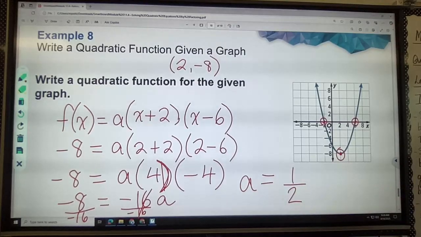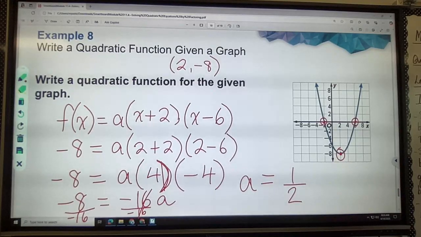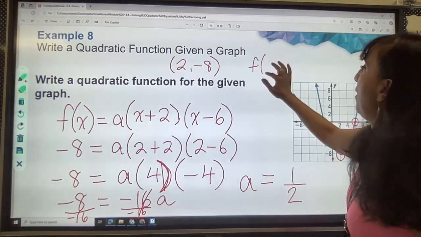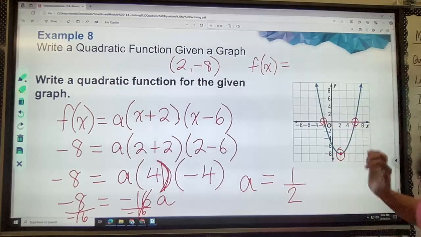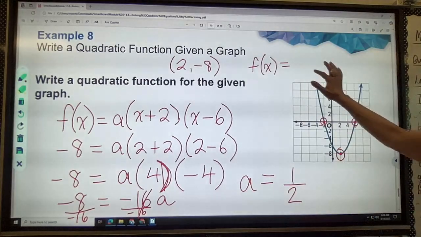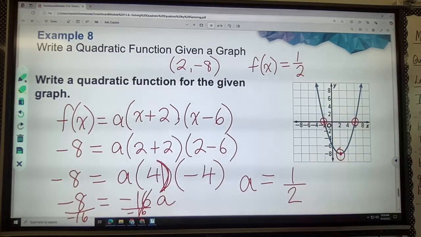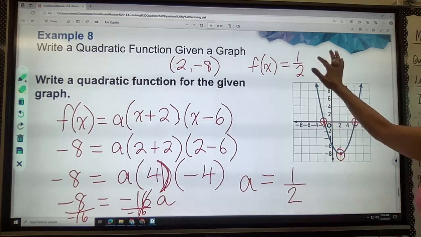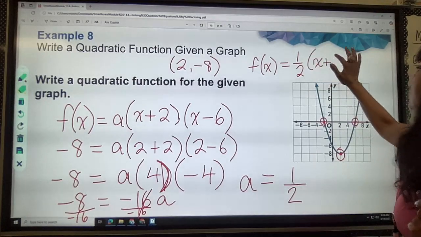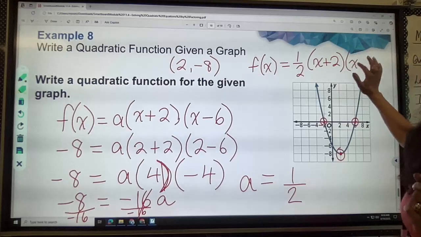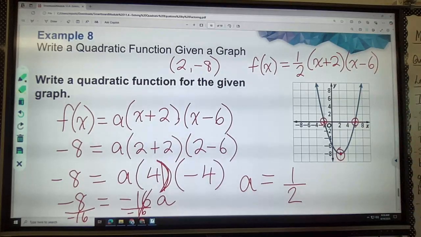So then when I write out this equation, one equation for the function is f of x is equal to 1/2, because that's what we found a as, okay? (x plus 2)(x minus 6). Okay?